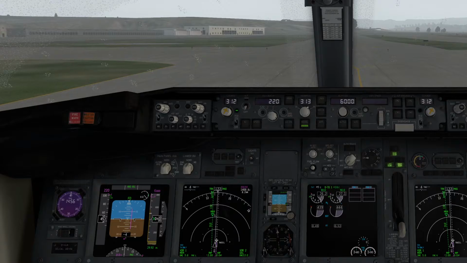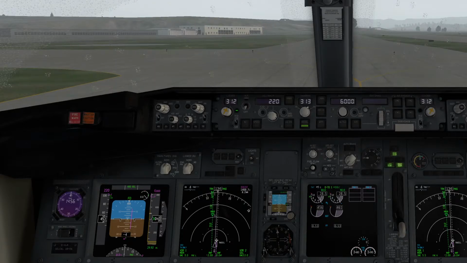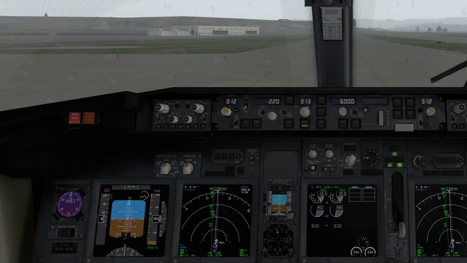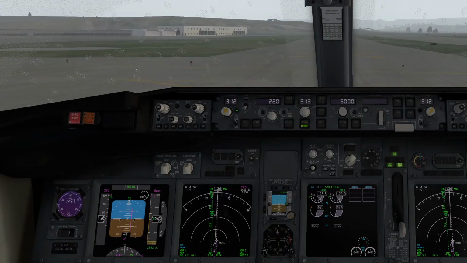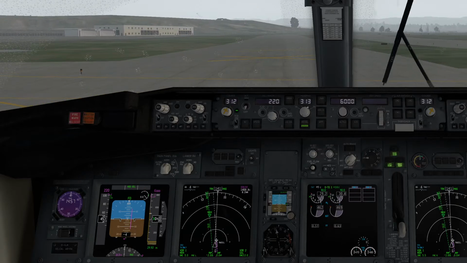A little more thrust. And we turn right here. Thrust at 30.